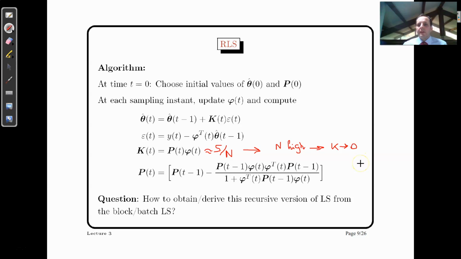It means please do not update your parameters if the information you are using is not very accurate.